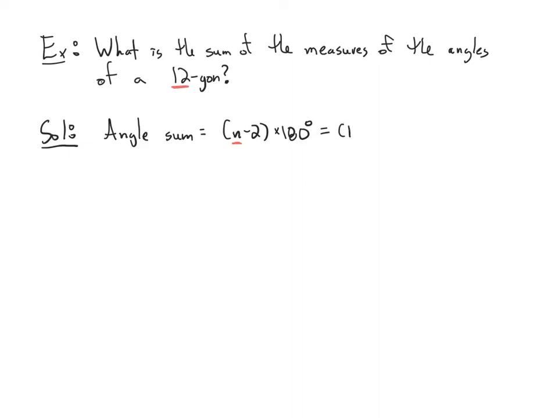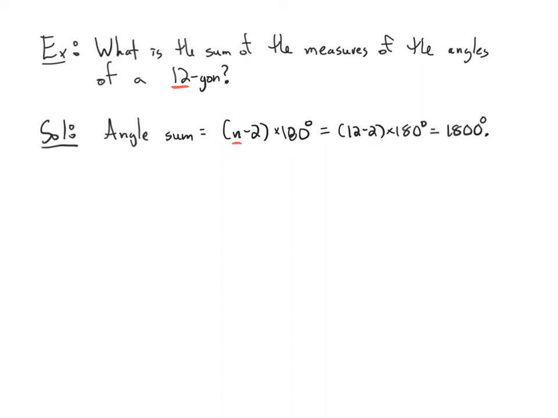So we have 12 minus 2 times 180 degrees, and 12 minus 2 is 10, and 10 times 180 is 1,800 degrees. So the sum of the angles of a 12-gon is 1,800 degrees.